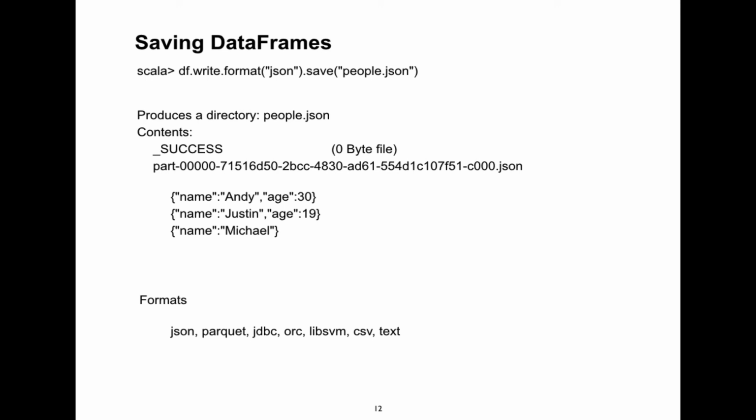So when you write it out, you get one file called success. It's an empty file, but it tells you whether it failed or not. And then for each partition, you're going to get a different file. So when you're in AWS and using 10 machines, you say write this data frame out, you're going to get 11 files: one saying success or not, and then a file for each of the machines that the partition was on.